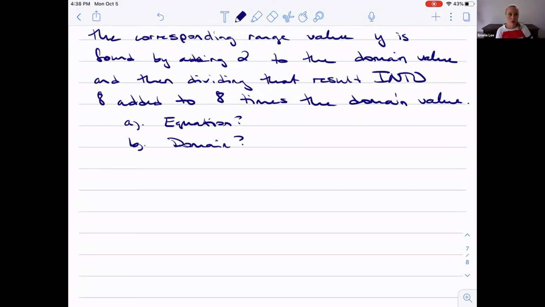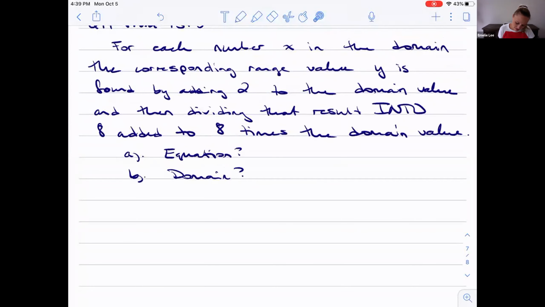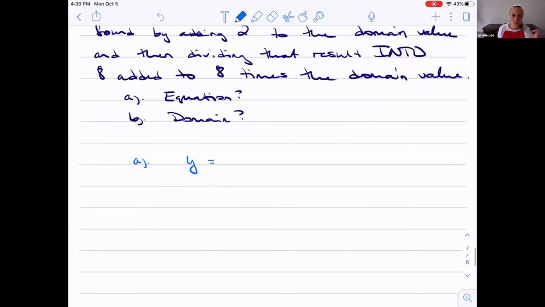Okay. All right. So when we're talking about the domain value, we're talking about x, right? And so they're saying that y is found by adding 2 to x and then dividing that result into 8 added to 8 times the domain value.